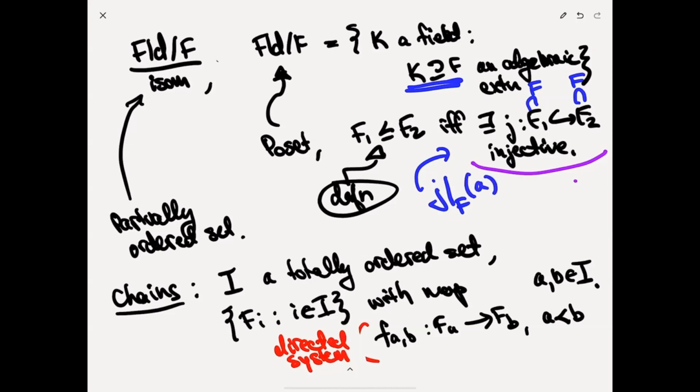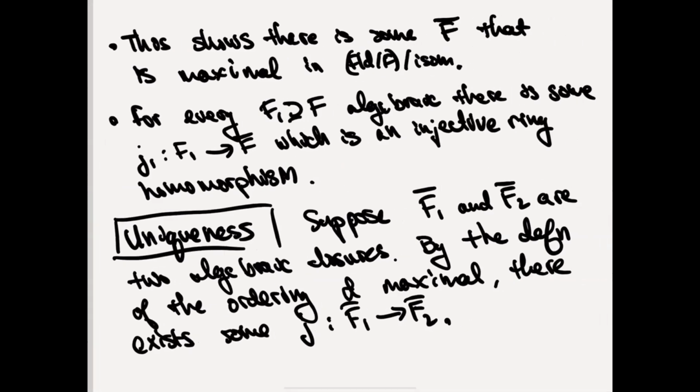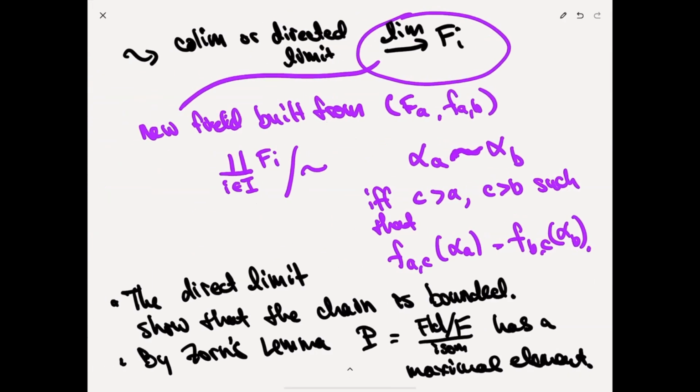So J of alpha is equal to alpha for all alpha in F. Okay, so it acts like a constant. It only moves the things above that aren't in F originally around.